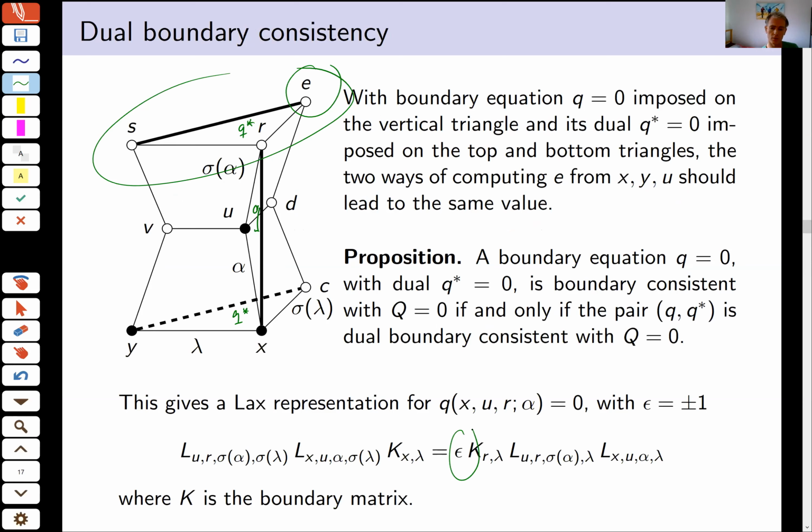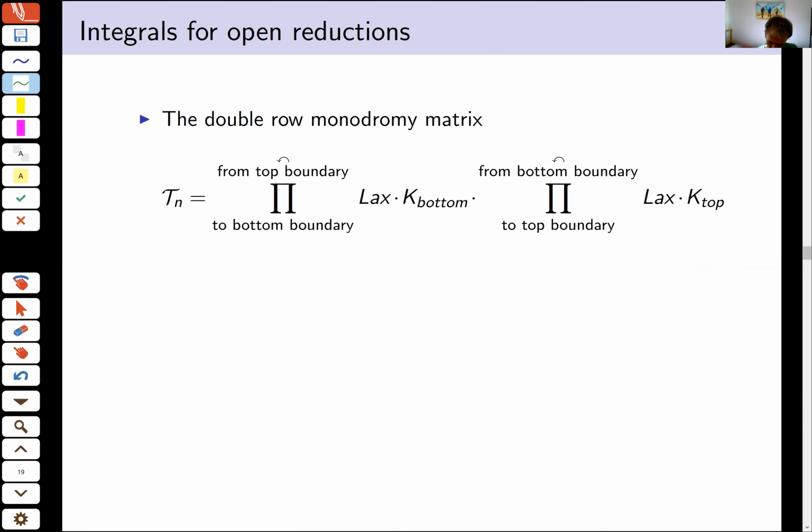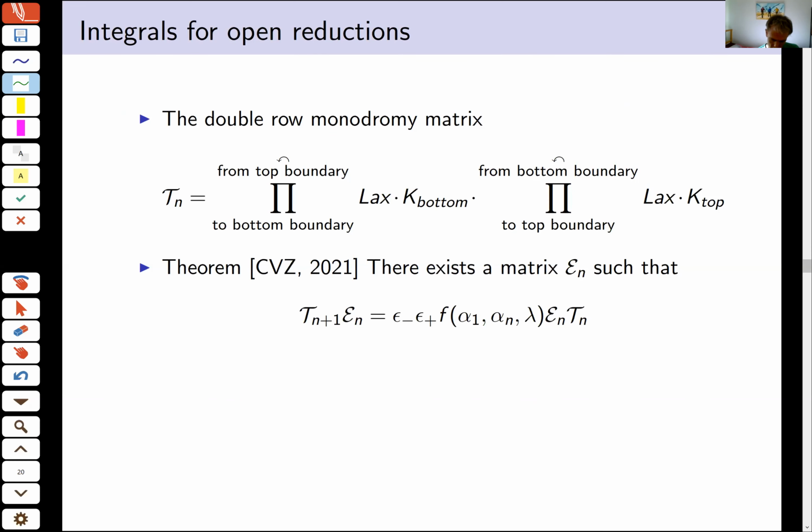So sometimes we need to take epsilon to be 1. Sometimes we need to take it -1. And that epsilon does appear in this statement here. And it means that if we take a trace of the double row monodromy matrix, we either get invariance or we get anti-invariance, or 2 invariance.